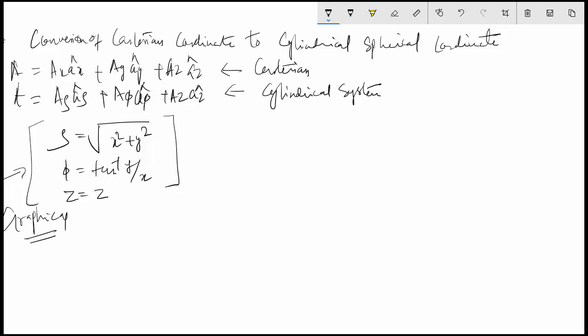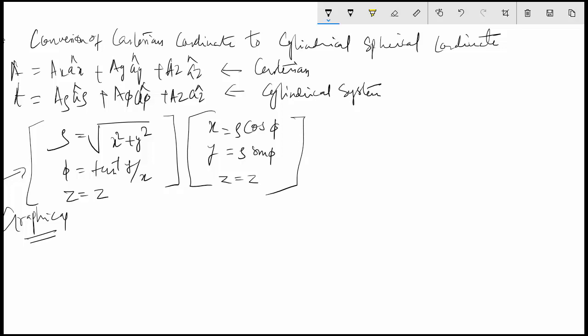Graphically, if you are converting it, then you can do it based on the value of x, y, z and the phi which you know. And again, x is equal to rho cos phi, and y is equal to rho sin phi, and z equal to z.